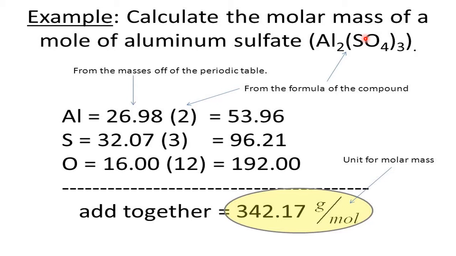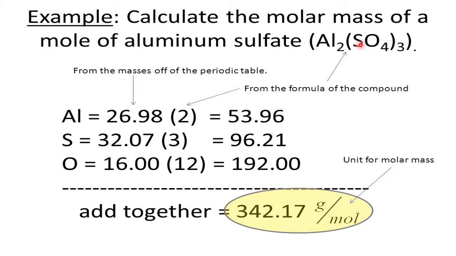In this aluminum sulfate there are 3 different kinds of atoms: aluminum, sulfur and oxygen. There are 2 aluminum and there are 3 of what? This 3 belongs to the entire bracket.